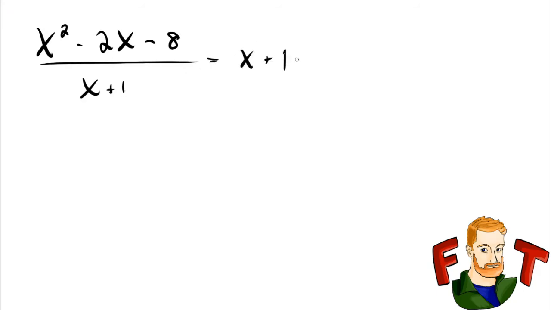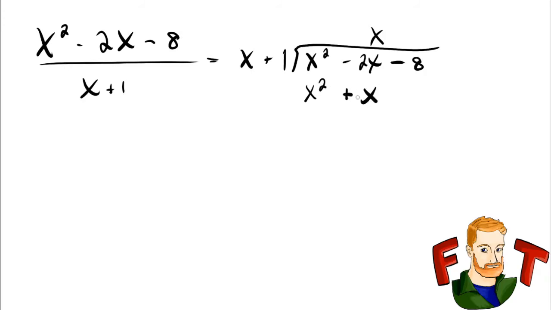Best to use long division. Goes in x times, but the x goes there. And here is a good example of where tracking your sign is really important. So that's 0 here. So we have minus 2x minus x is minus 3x.